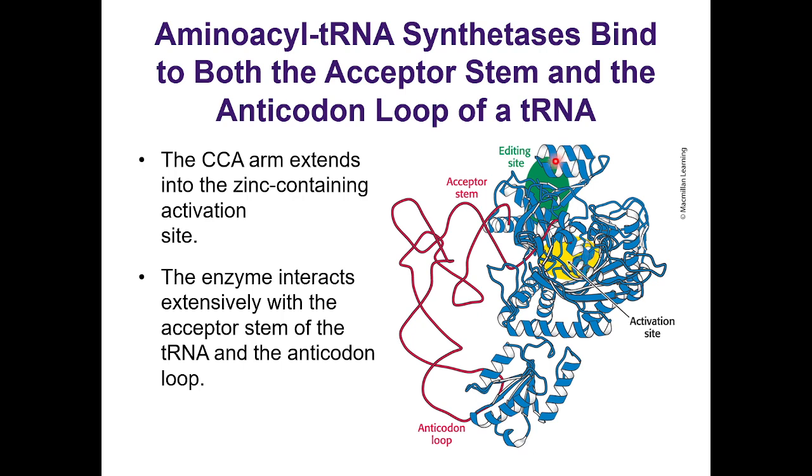And typically there's an editing site that if it has the wrong structure and it can move to the editing site, it's going to get eliminated. Why do you do that? Why is that? What are the 3 levels that we're using to check this and actually attach these things? What are the 3 identifying factors?